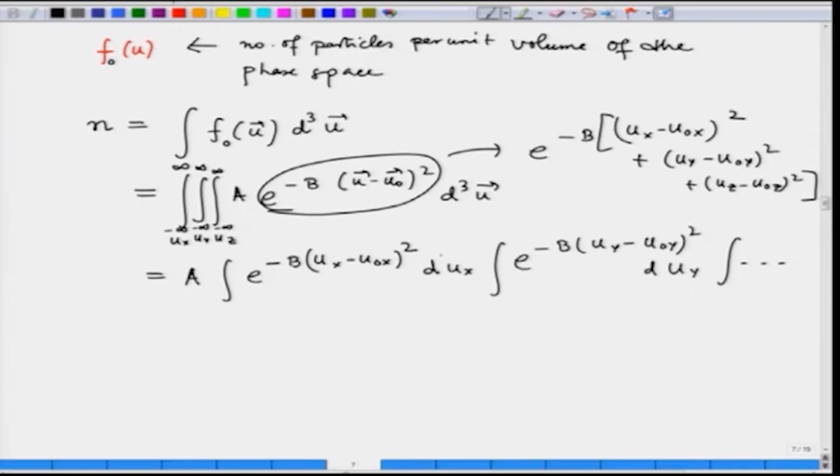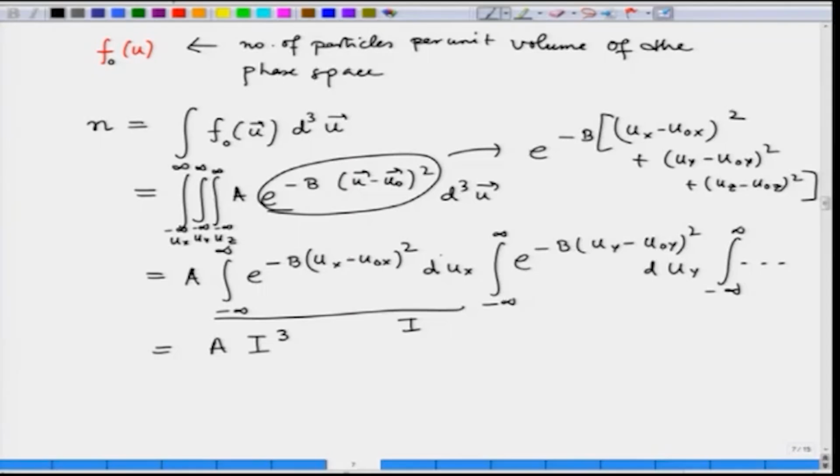All these integrations, evaluated from minus infinity to plus infinity, must have the same value, because they are just changing variables and the functional forms are exactly the same. So I call this integration I, so A I cube should be equal to n.